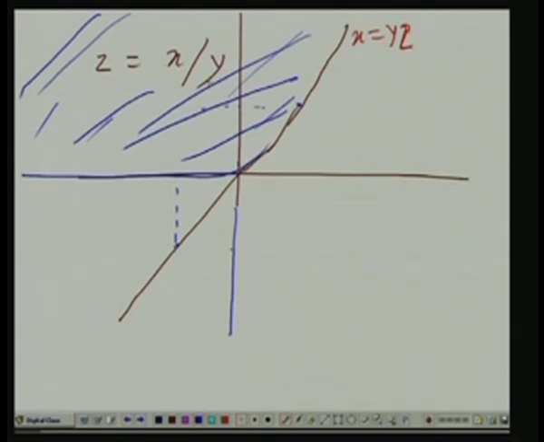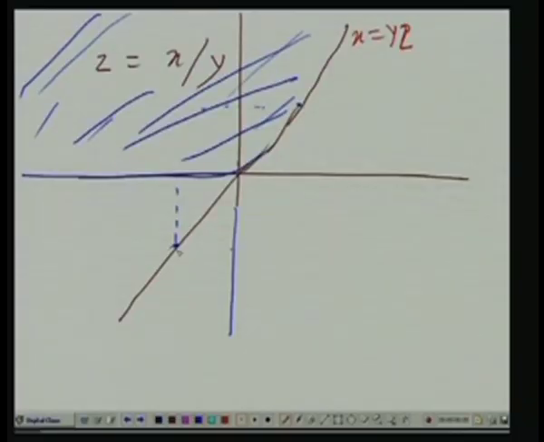So, x by y ratio is in any case positive because both x and y are negative here, but the ratio becomes higher than capital Z, because on this line I had some x and y, x was negative, y was negative obviously, because Z had to be positive. So, x by y ratio remains capital Z, but x is negative, y is negative.